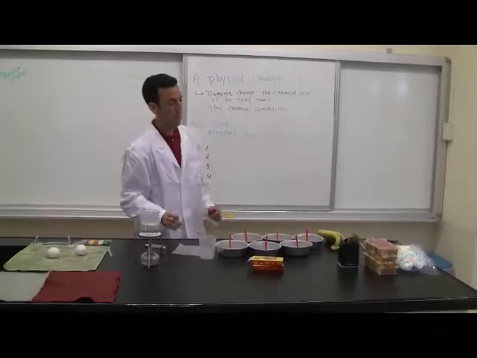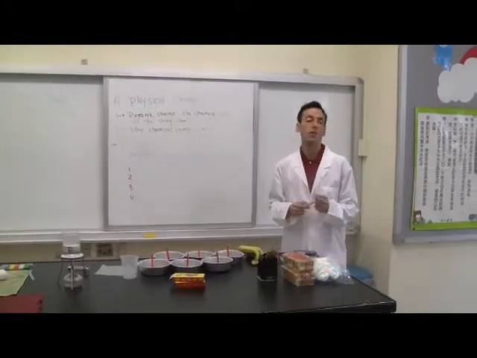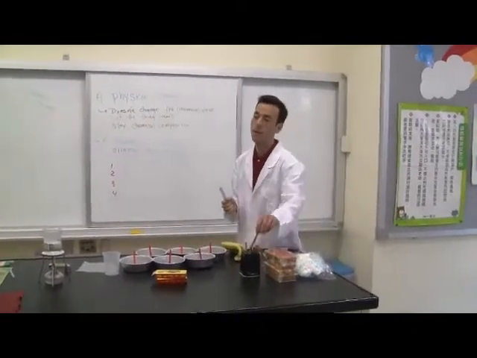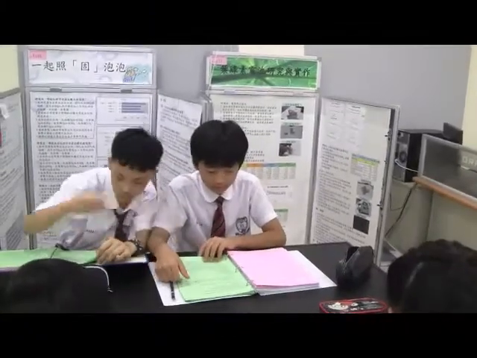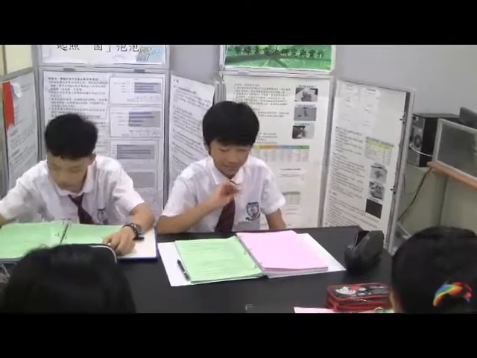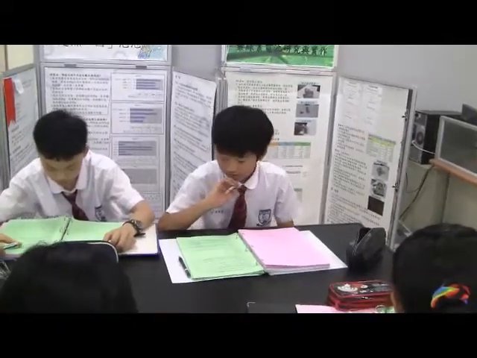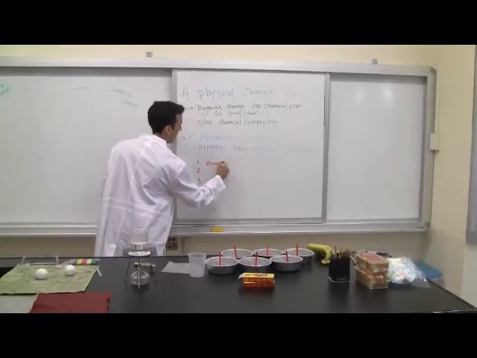So, in our Bill Nye the Science Guy video and in our notes, we talked about 4 signs of chemical changes. So, let's review those really quick. Andy, give me one sign of a chemical change. It gives off energy.